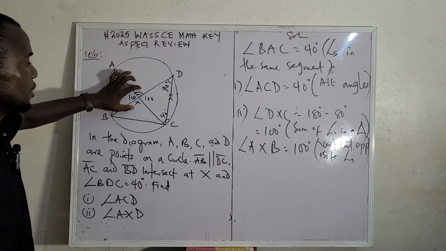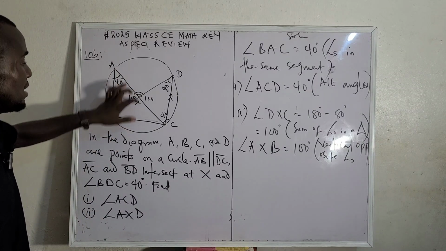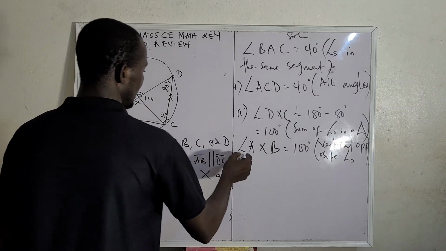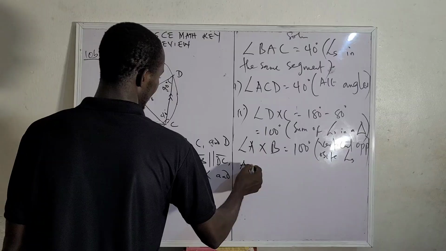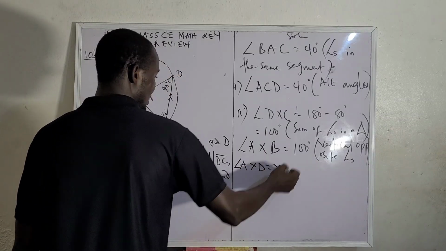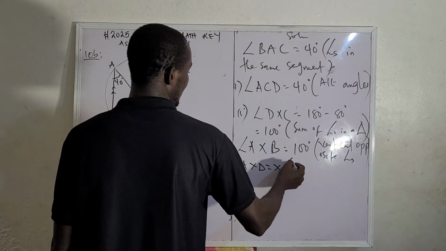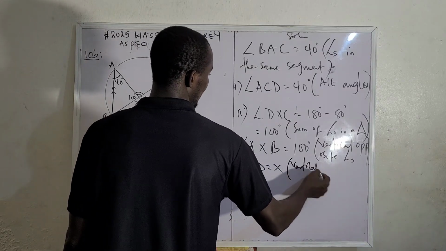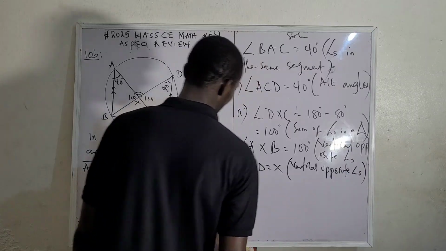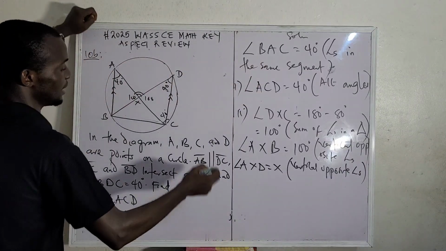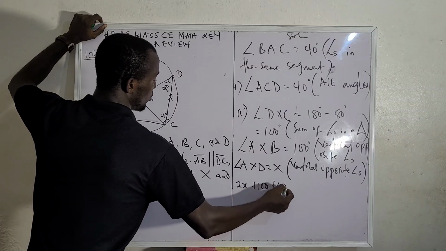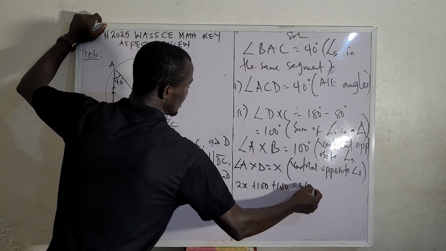Now look at this very well. If vertical opposite angles are equal, these are also equal, and I can say that angle AXD equals x. The reason is vertical opposite angles are equal. If that is the case, I can now say that 2x plus 100 plus 100 equals 360 degrees.